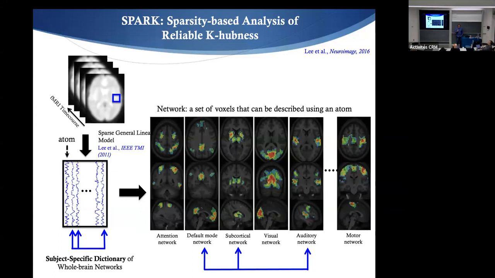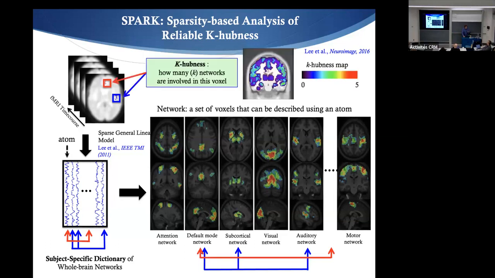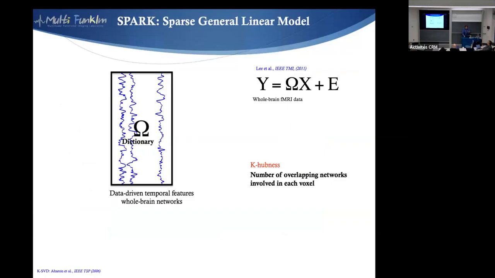So I want to have the involvement of 1 network, 2 networks, 3 networks. So I have a small number ranging between 1 to 6 or 7. So it means that this voxel has a hubness value of 3. The red voxel here has a hubness value of 2. And when you plug all that together, you get a hubness map like that with values ranging from 1 to 5, for instance.